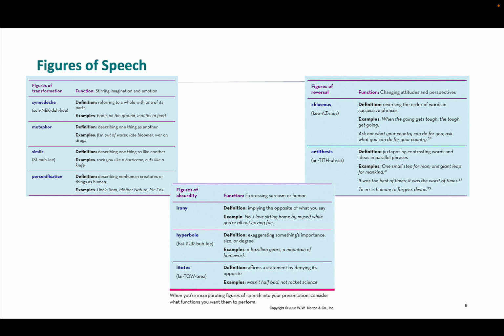There are also figures of transformation like metaphor, simile, and personification. Figures of reversal like antithesis, and figures of absurdity like irony and hyperbole, which, like I said, you should look those over and see if any of those things might fit into your speech.